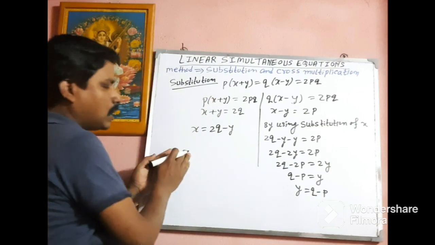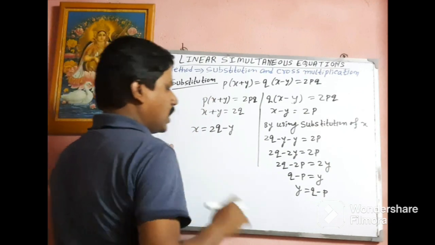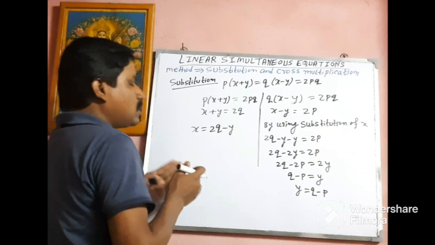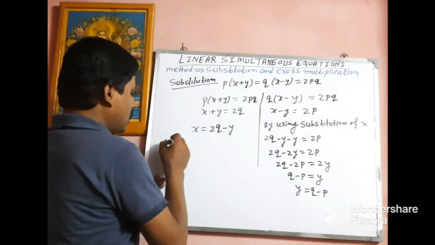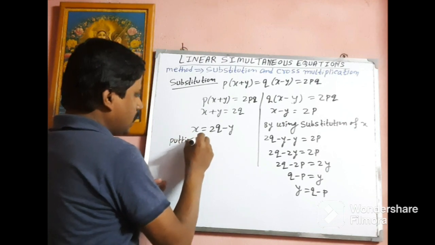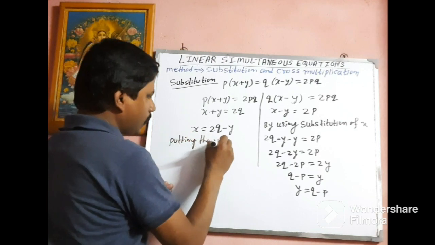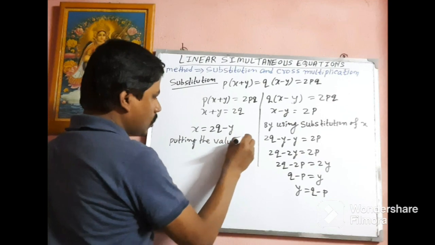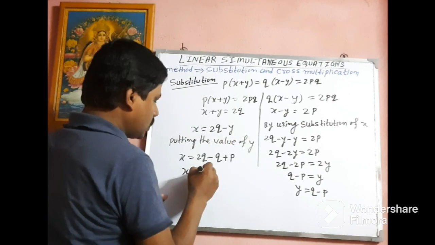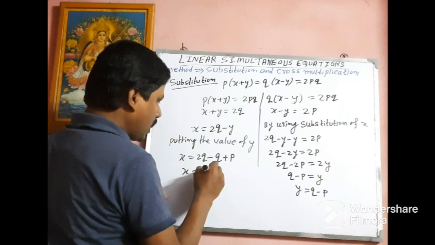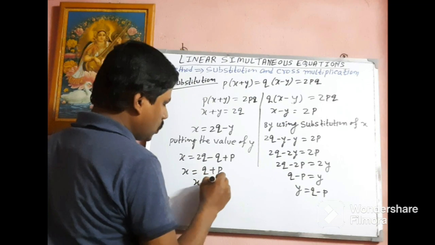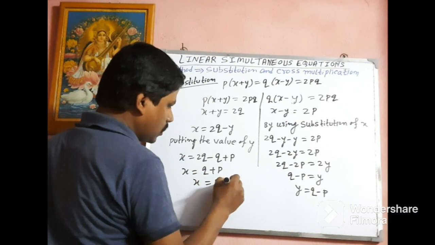Now we are putting here the value of y. After putting the value of y here, we get the value of x. So x is equal to q plus p, that is, x is equal to p plus q.